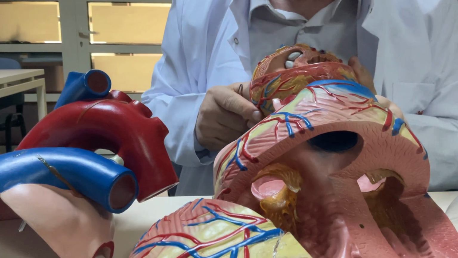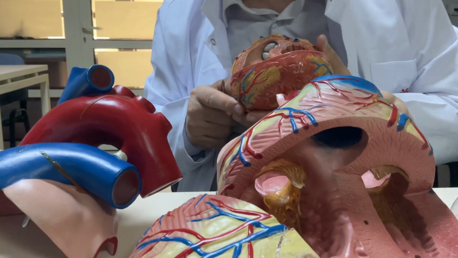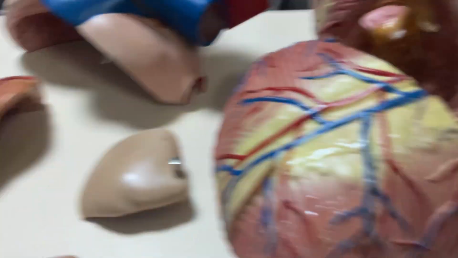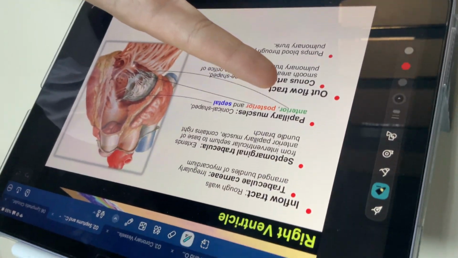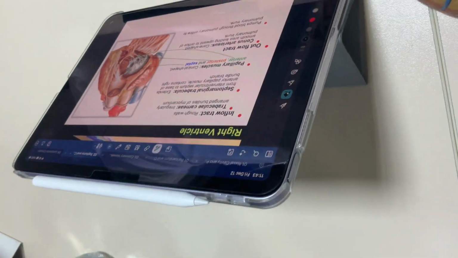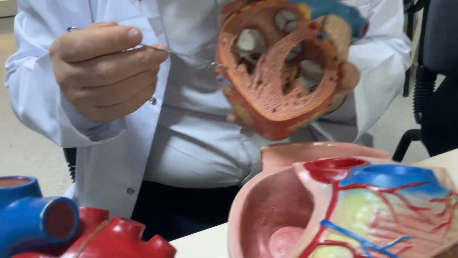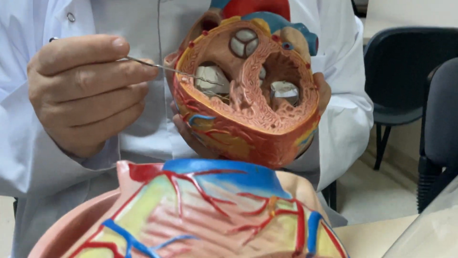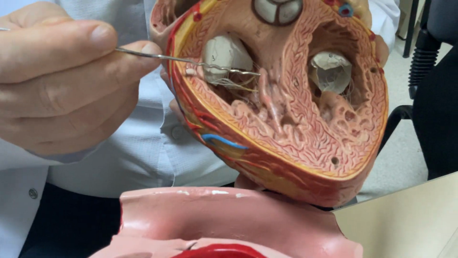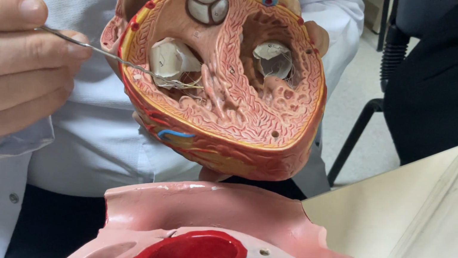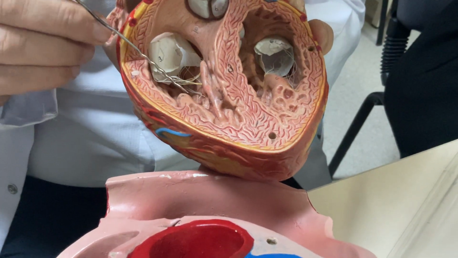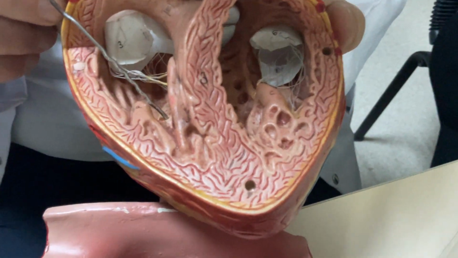These are the ones you were talking about, trabeculae carneae, septomarginal trabecula, and papillary muscles. Here we have the septal papillary muscle, anterior papillary muscle. Back here we have the posterior papillary muscle.